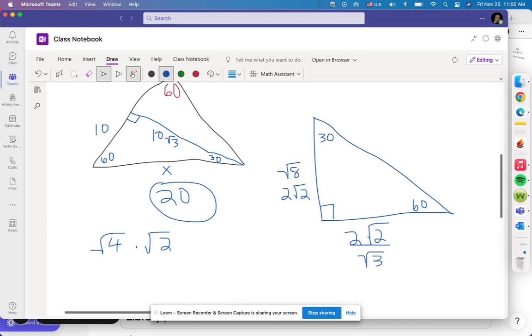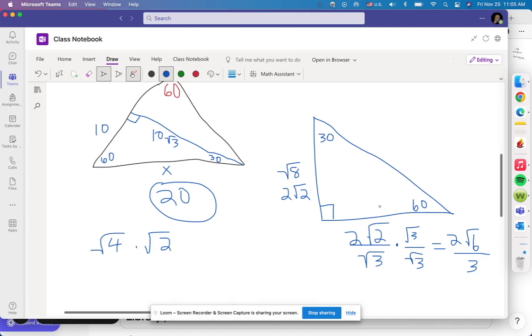Well, that's fun, but you can't leave it like that. So now I'm going to multiply this by radical 3 over radical 3, which is 2 radical 6 over, well, square root of 9 is 3.